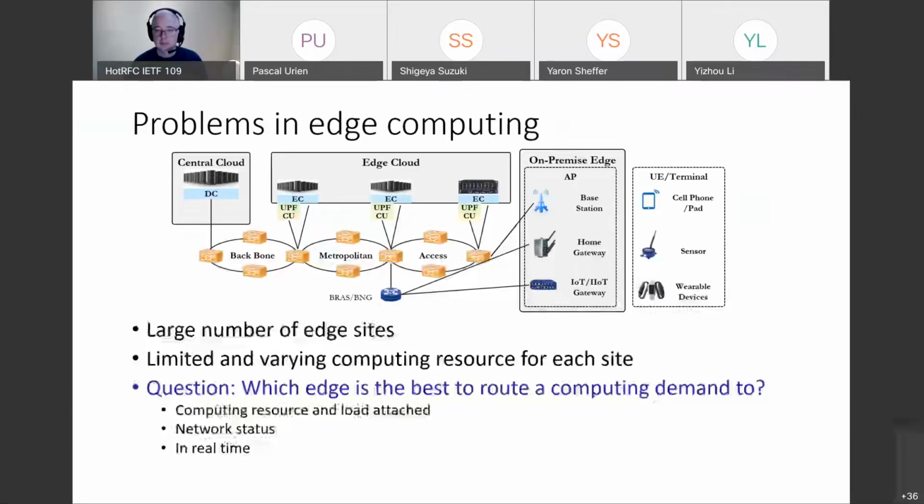The second to consider is what's the network path quality to a particular edge and what's the network status. And the third aspect is, since the computing resources and the network status all vary over time, we want to know all this information in real time. So that's the problem we are trying to tackle.